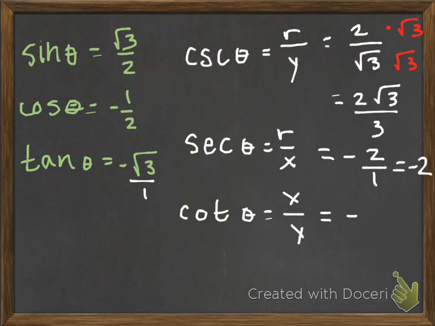So when I switch it, it becomes negative 1 over root 3. And just like in that first scenario for cosecant, we have to rationalize. So I have to multiply by the square root of 3. So I get negative root 3 over root 3 times root 3, which is the square root of 9, which bumps it right back down to 3. So those are your 6 answers for that single coordinate.